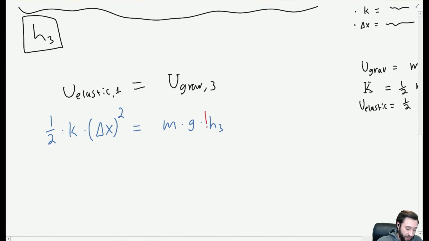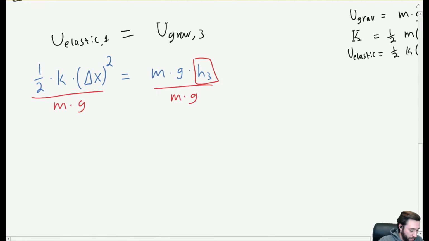So my objective is I need to solve for H3. Now this part is really easy. In order to get H3 by itself, I divide both sides by M times G. And what I end up with is H3 equals my spring constant times delta x squared divided by 2mg.